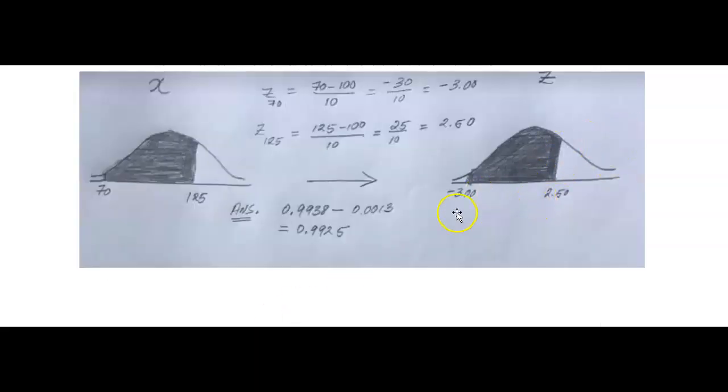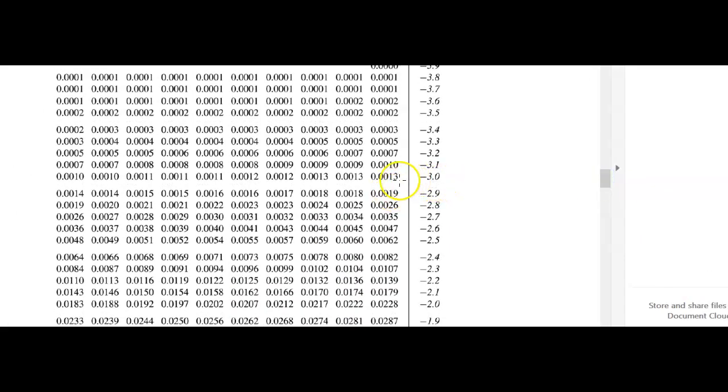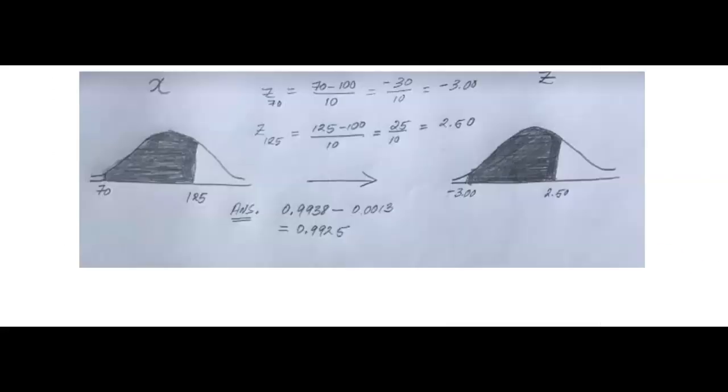So what is the area to the left of negative 3.00? That's the area here, 0.0013. You subtract those two areas, and then you have the area in between.